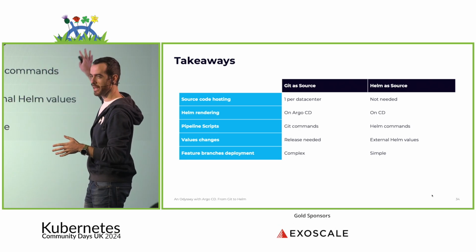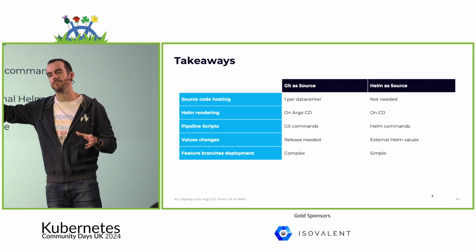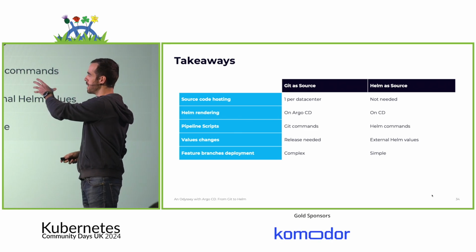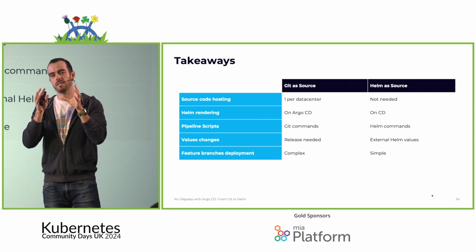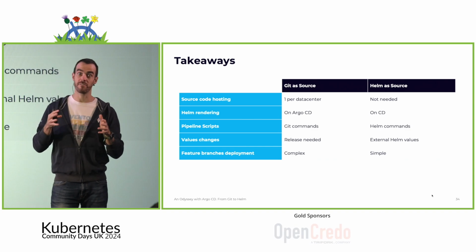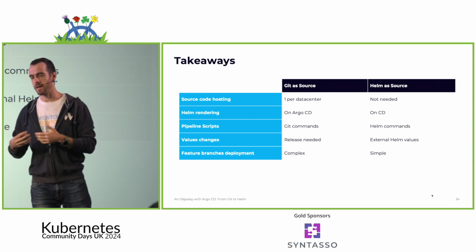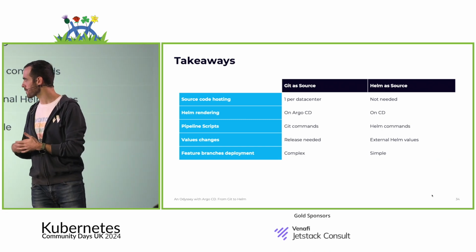When we switched to Helm, we didn't need that anymore. We already had that artifact registry. Then, because we moved the rendering logic from ArgoCD itself to our CI/CD tool, we effectively shifted left that logic so that the feedback loop is just way quicker.